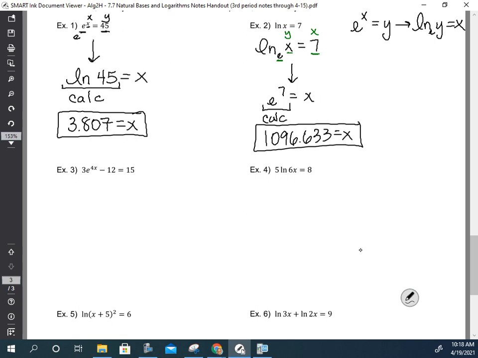So, for examples 3 and 4, a key point to keep in mind: the e and the natural log must be by themselves before a rewrite. Before we do a rewrite, those elements have to be by themselves.